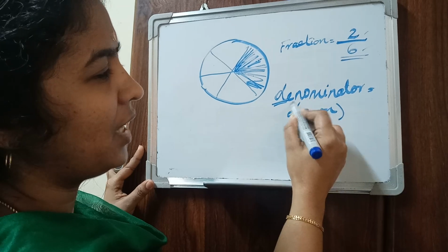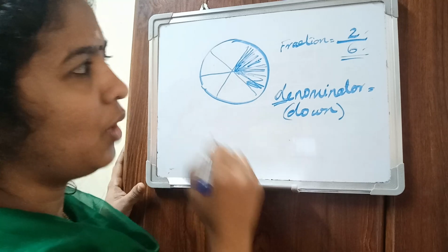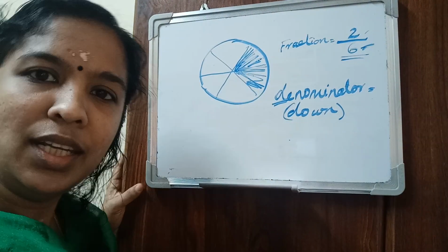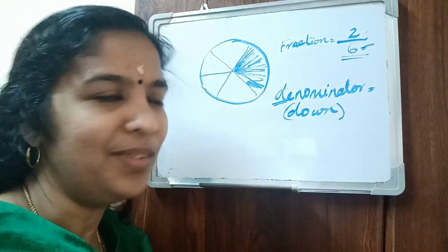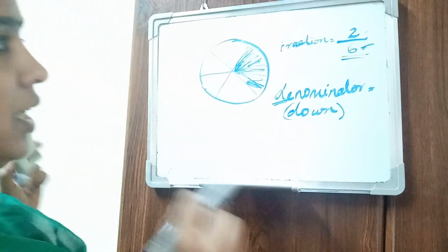Just think like that, a small tip. So the number down below the line is the denominator. Easy, no? So we have learned how to write the fraction.